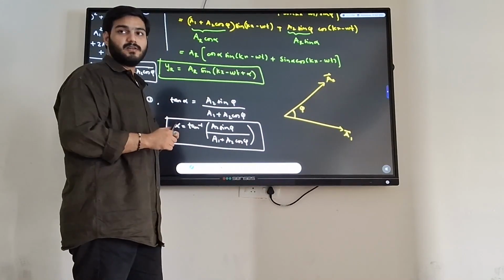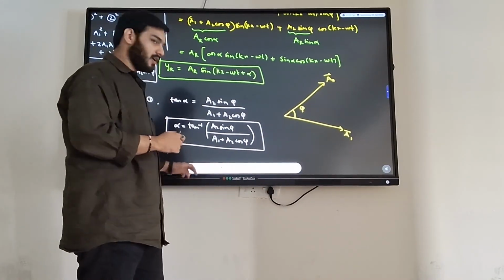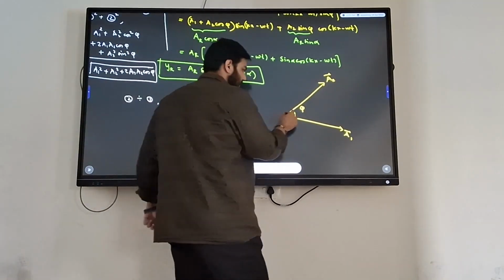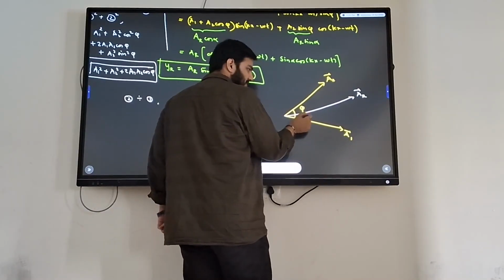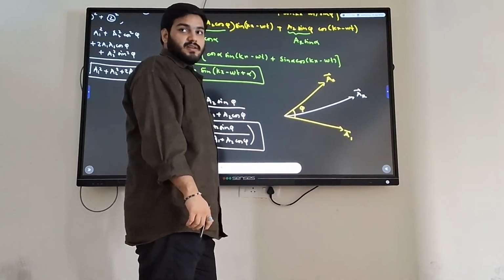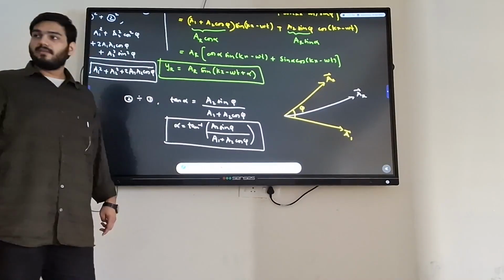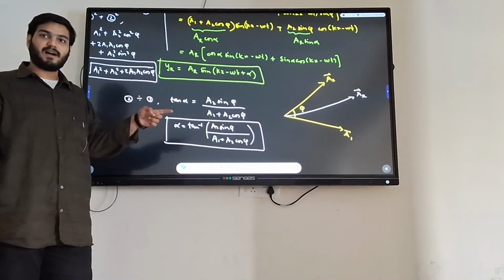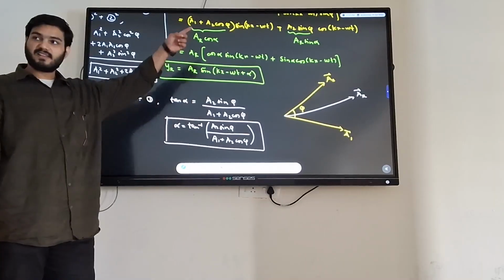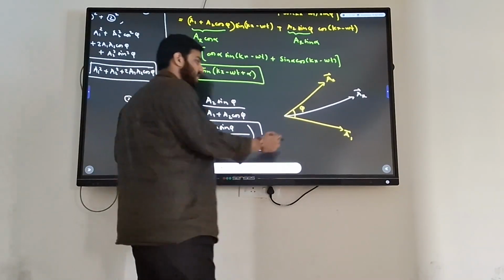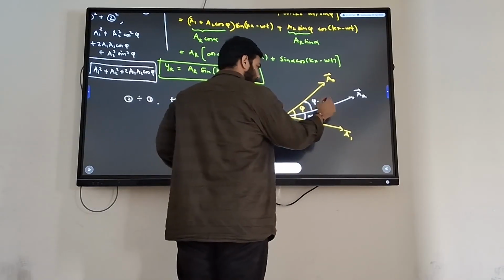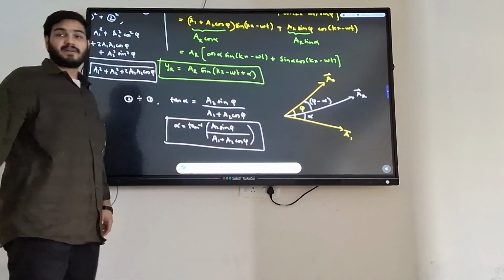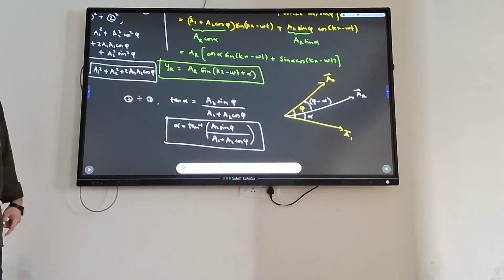By the parallelogram law, it should represent the longer diagonal. That's the AR vector. What is the angle between the A1 vector and the AR vector? α, because the angle is basically the phase difference between these two vectors. If this is α, then what is this angle? φ − α, and that φ − α represents the phase difference between the resultant wave and the second wave.